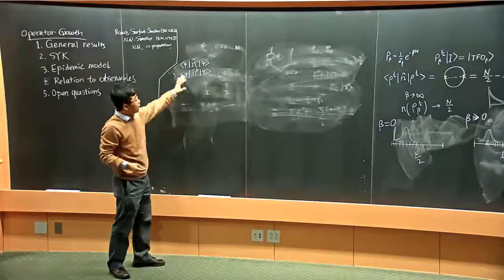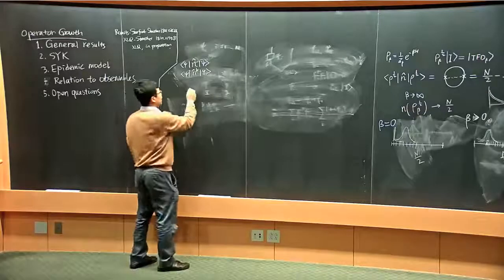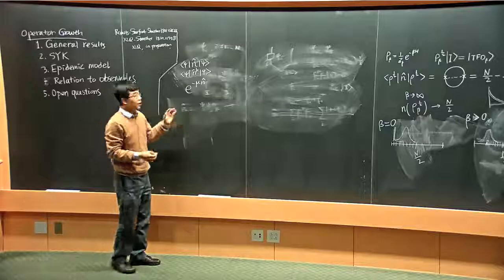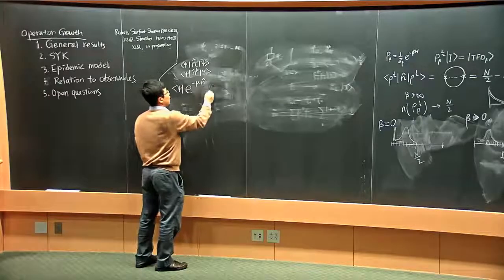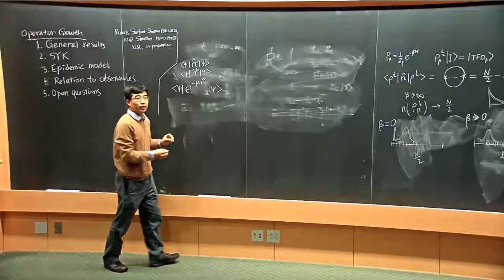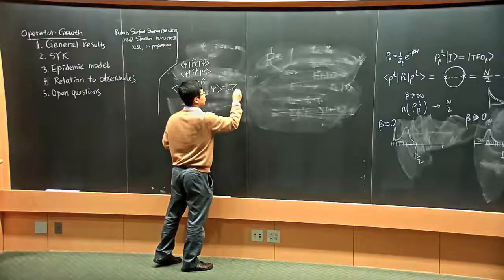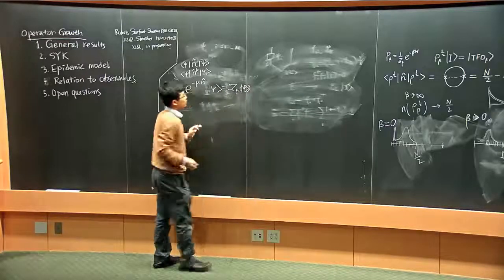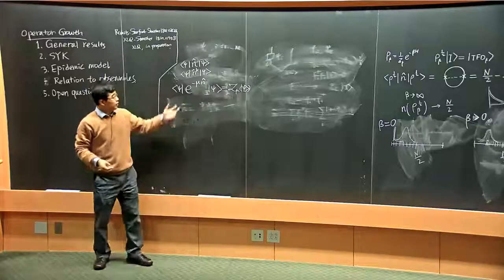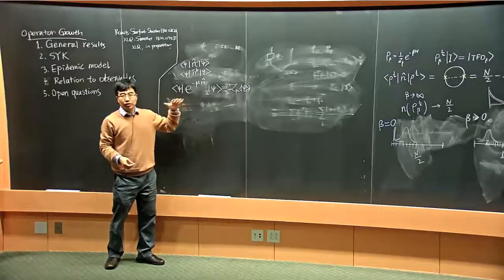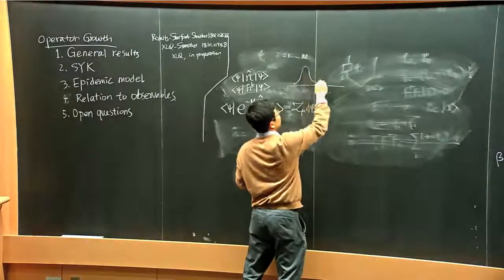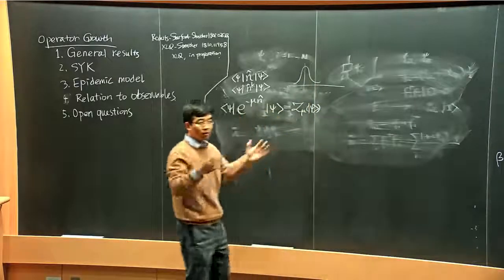We could put all these into a generating function by defining something like this, and let's call this mu of the psi. You could expand this in mu and get all the different moments of the operator size. So you not only know the average size, but you know the moments.